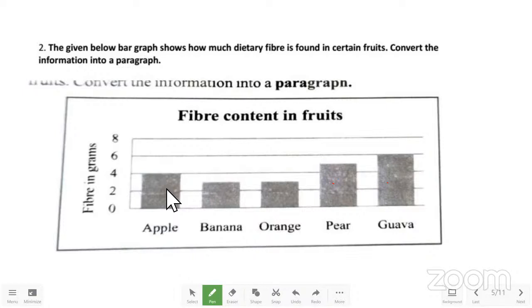What is the 3 grams? So this is how you go about writing. Without mentioning the grams of all, you just mention guava has the maximum, followed by pear, and the next in line is apple. The least is in banana and orange.